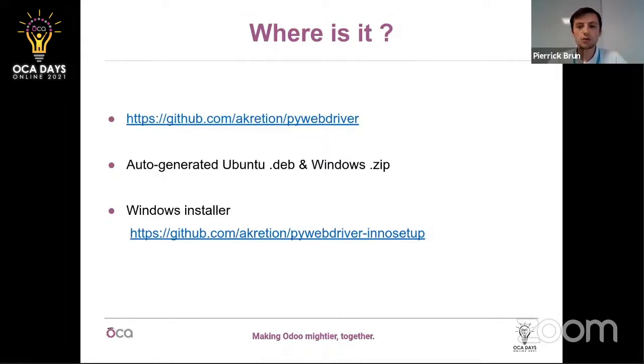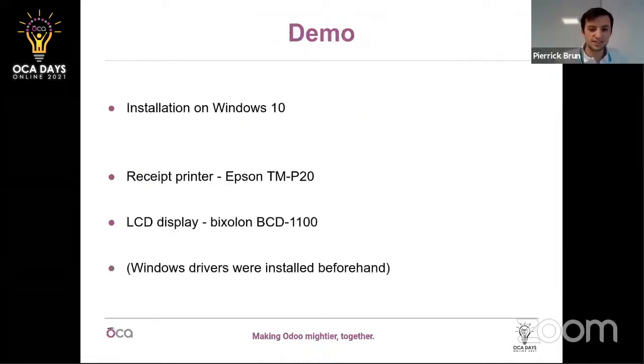If you go to the GitHub releases page, you can download a .deb file and a .zip file for Windows. And just recently, I added the Windows graphical installer with Inno Setup, and this is what I want to demonstrate today.